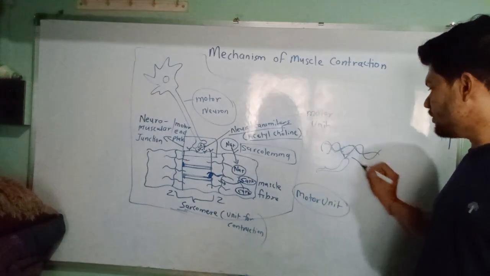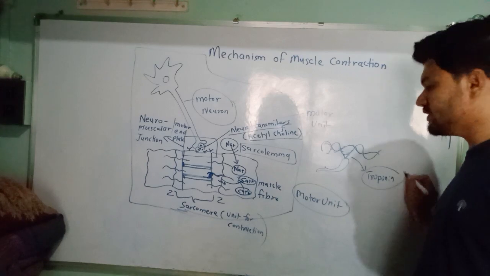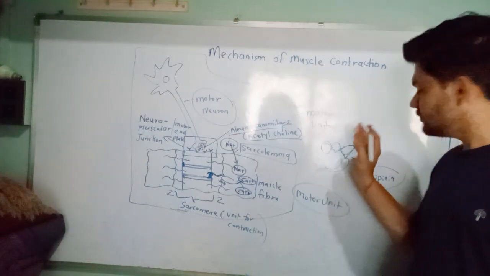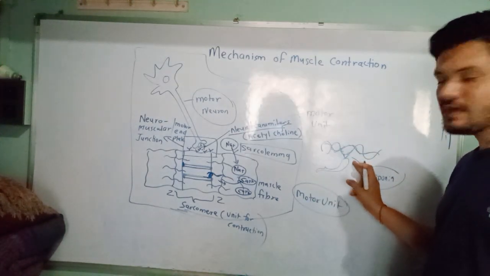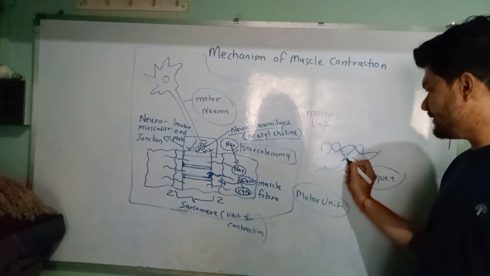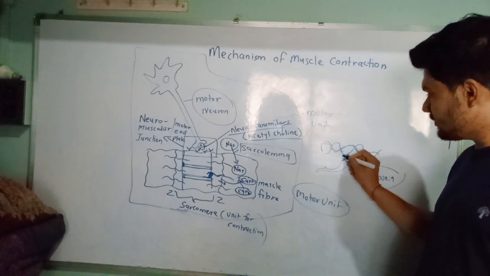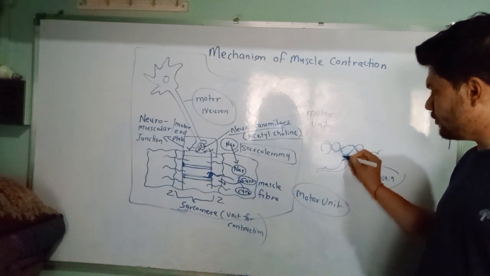Because of the removal of troponin, which is attached with calcium, it is gone from this site. Because of the removal of troponin, this myosin head has binding capacity to the actin filament. So this is going to bind over there.